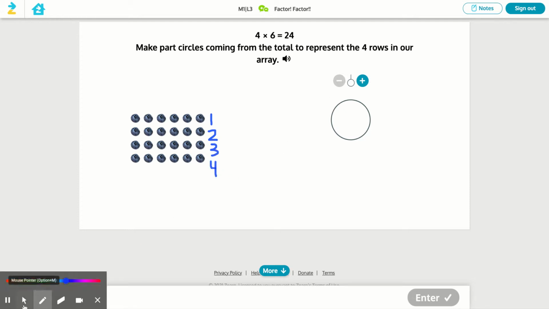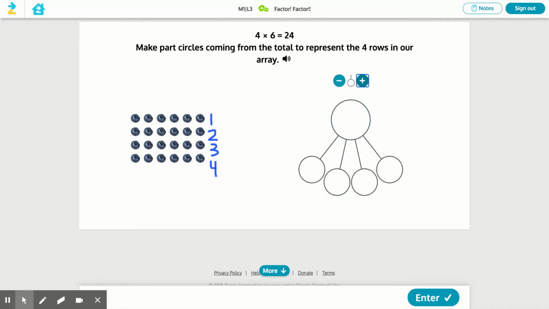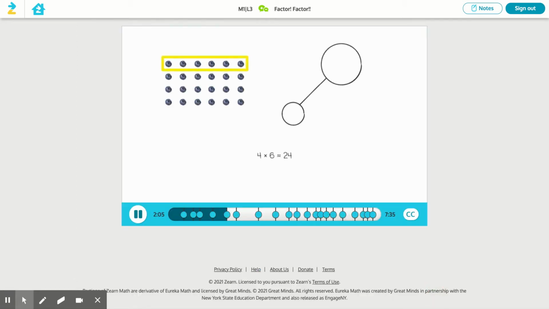And so I am going to have 4 bubbles coming off of my number bond. There are 4 rows of blueberries, so I made 4 parts coming from the total in the number bond.